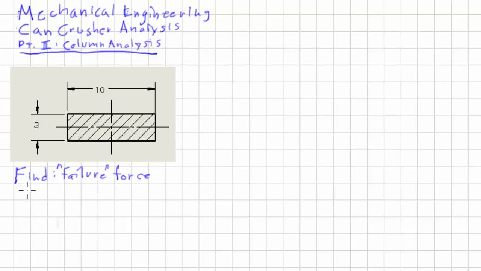So what are we given? Okay, one of the most important things that we're given is the material. The material is 2014-0 aluminum. So this is low tempered aluminum. It's intended to be kind of cheap because this is a low risk design and we shouldn't have to put too much into it. So what else are we given?